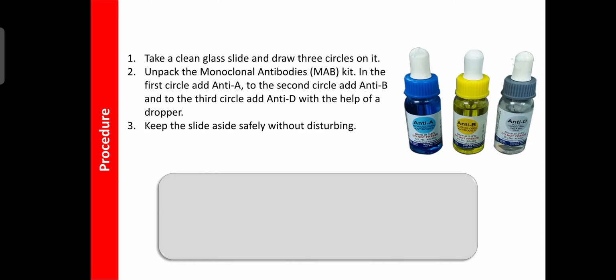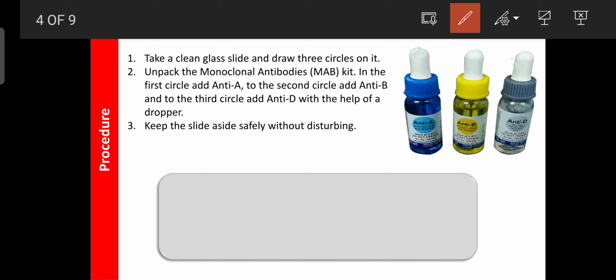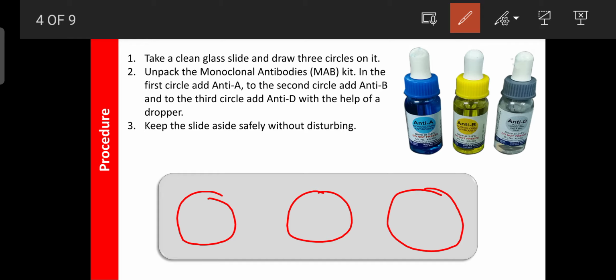Next, regarding the procedure: take a clean slide and draw 3 circles. Circle 1 is denoted as A, circle 2 is denoted as B, and circle 3 is denoted as D. These are the monoclonal antibodies.